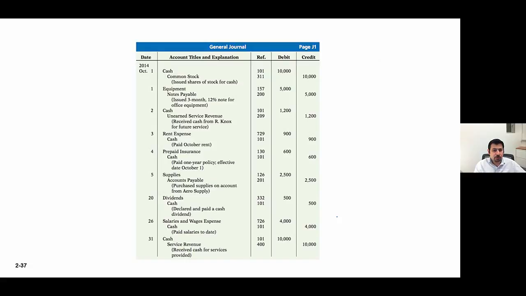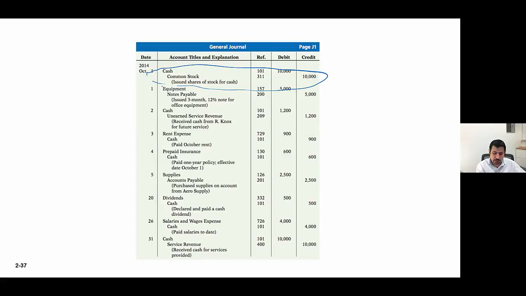This is how the general journal looks after all the transactions that we just made in the previous examples. We have each transaction one by one, as you can see.